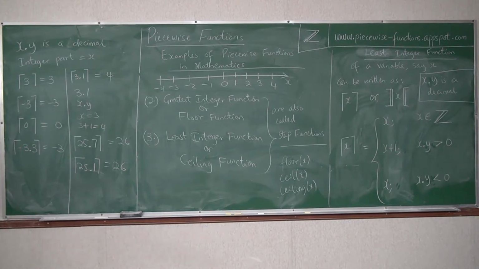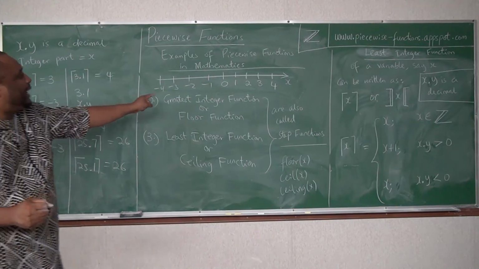Because it's the least integer that is greater than or equal to negative 3.3. And that gives you negative 3. Because negative 3 is greater than negative 3.3.